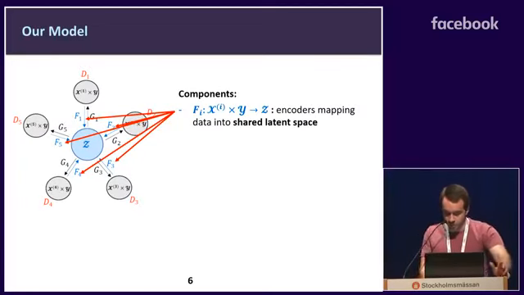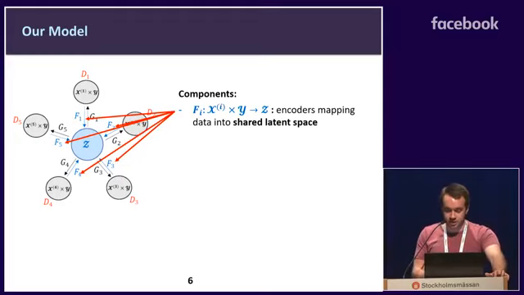So in our model, we introduce some encoders, F_i, that map from the space X_i cross Y, where X_i is the feature space for hospital i, and Y is the common label space.